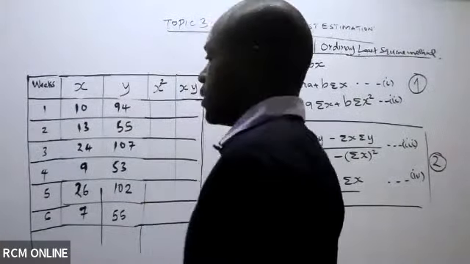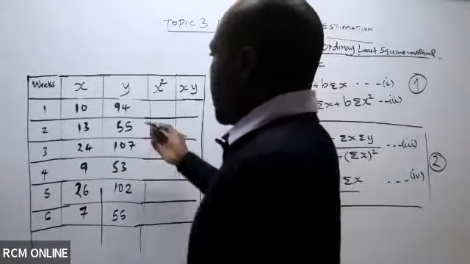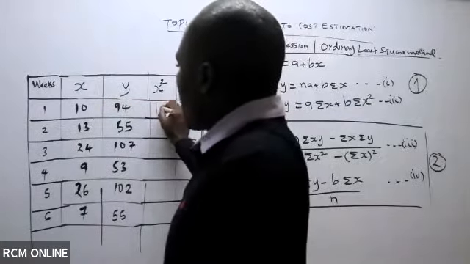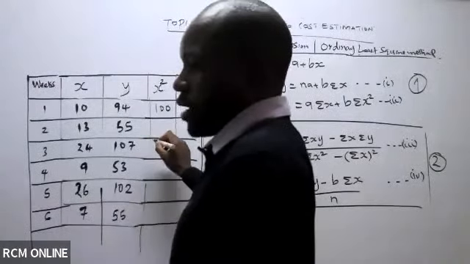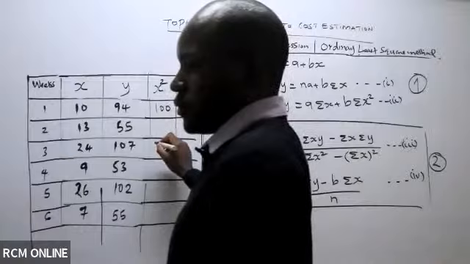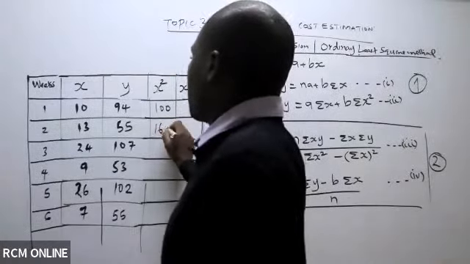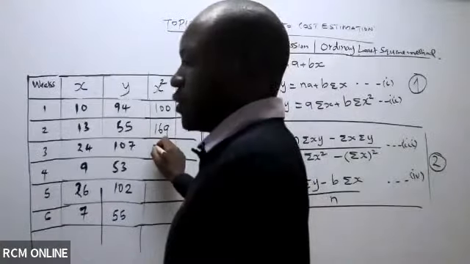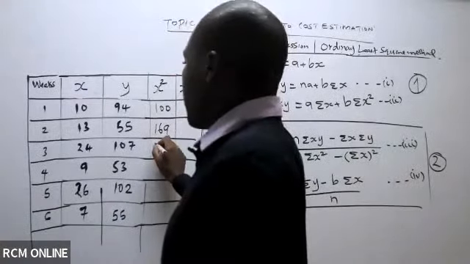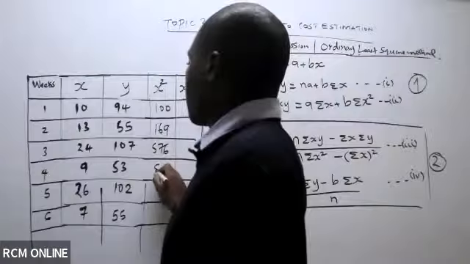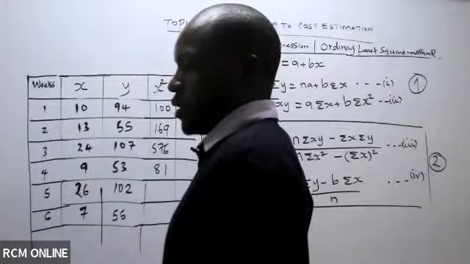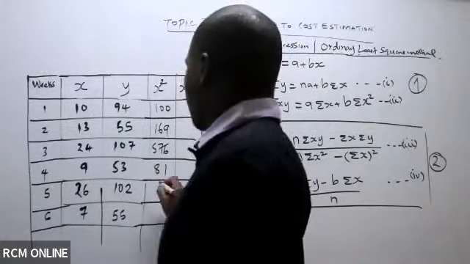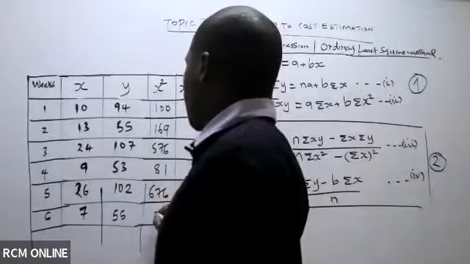So x squared, 10 squared will be 100. 13 squared, how much is it? 169. 24 squared, 576. 9 squared, 26 squared, 7 squared.